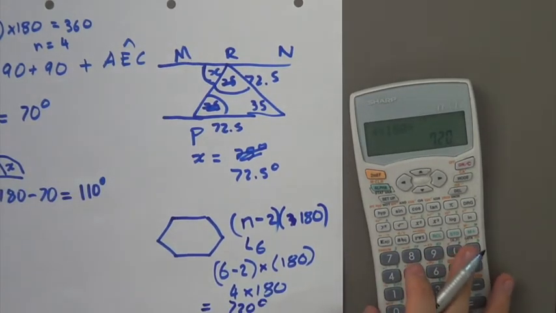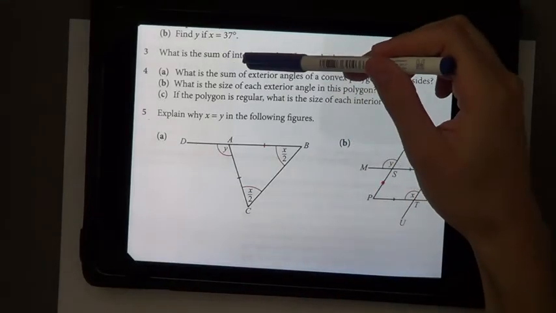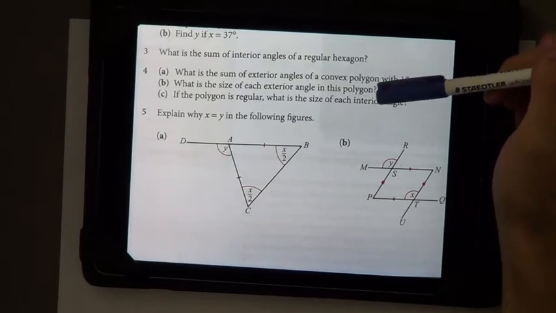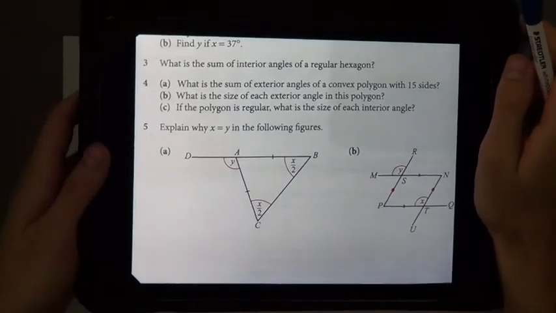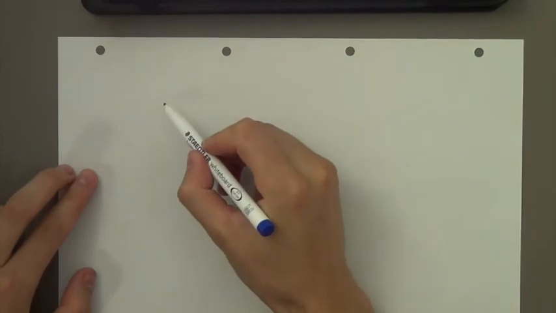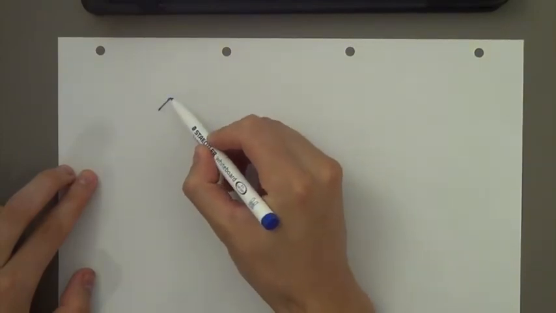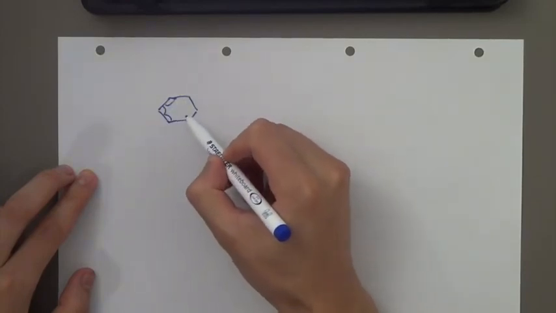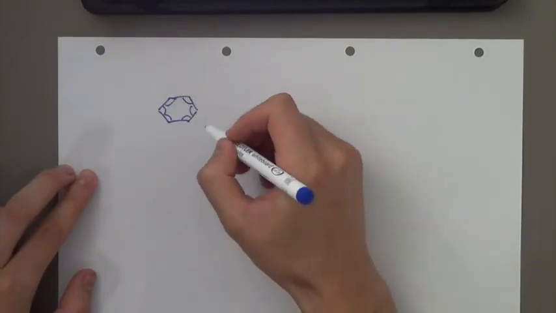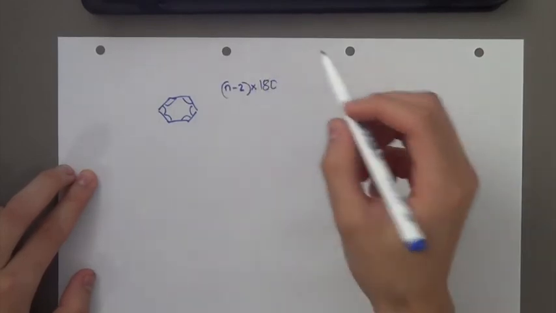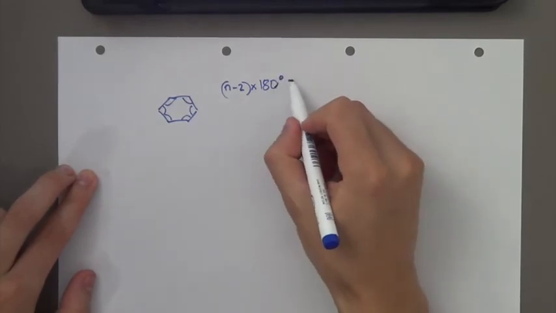720 degrees. So 4a, it says, what is the sum of the exterior angles of a convex polygon with 15 sides? A convex polygon is basically an ordinary polygon with 15 sides. Now, to answer this question, let me just recap. Let's say a hexagon. The sum of all the interior angles is n minus 2 multiplied by 180 degrees. We already know that formula.